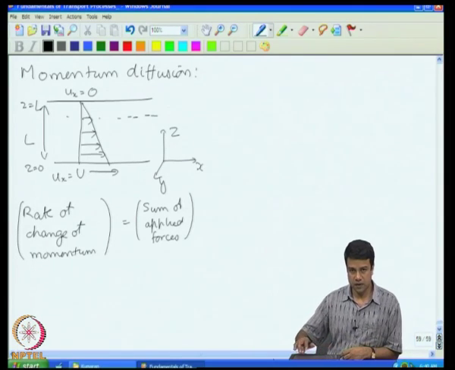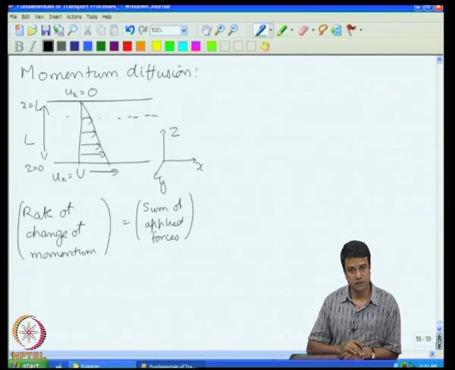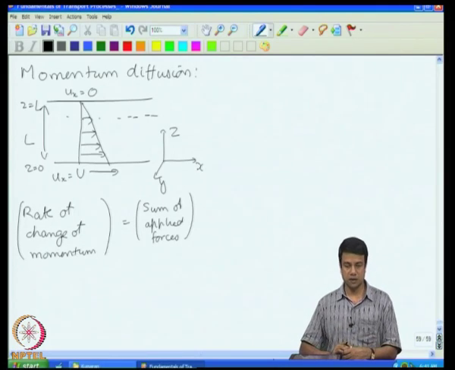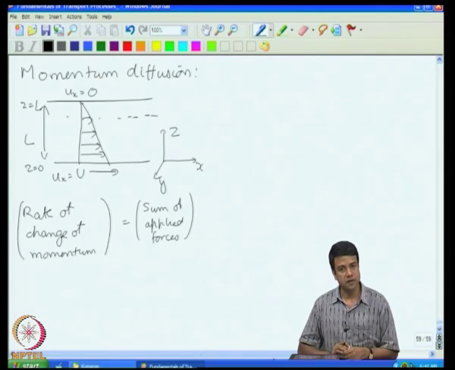At every location along the x, as I change the x coordinate, the velocity is the same. So, even though the velocity vector is in the x direction, it does not change in the x direction. Momentum transport takes place along the direction where there is a change in velocity. In this particular case, the velocity changes only in the z direction. It does not change along the x direction. Therefore, momentum transfer takes place only along the z direction.